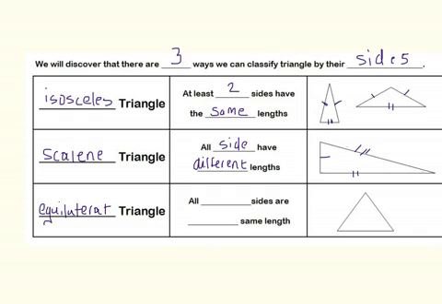Those are some really bad A's. Okay, and that means that in the triangle all 3 sides are the same length. So this is the same length as this one as that one. Okay, so here are our 3 different ways that we can classify triangles by their sides.